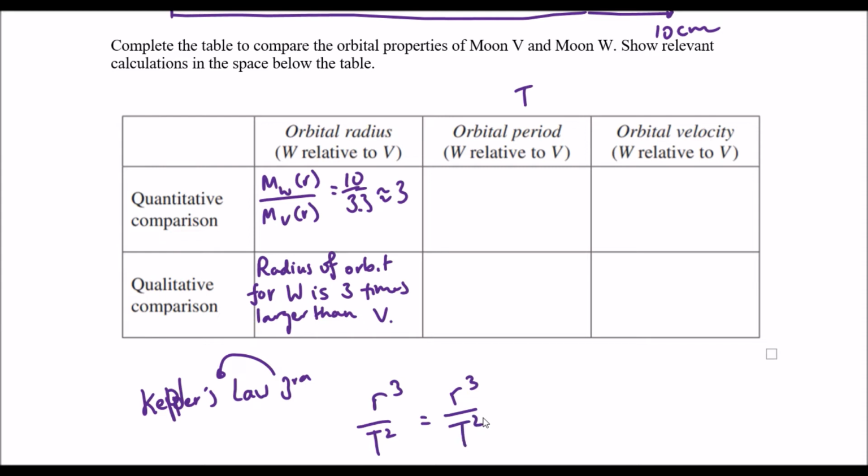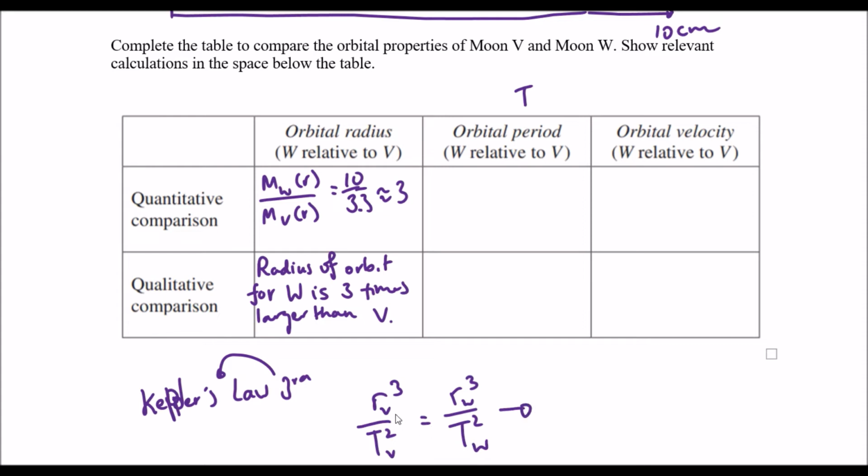Remember, this is the orbital constant. We are going to name this r here W, this r here V, and this T here V, this W. It doesn't really matter which side you use.